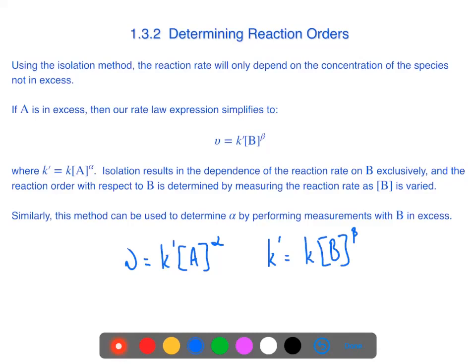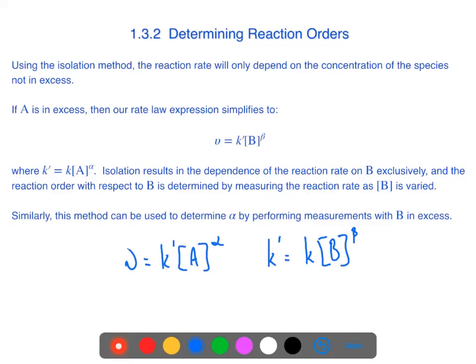So we can carry out this isolation method for both species. We can first determine the rate of the reaction with respect to various concentrations of B by ensuring that the concentration of A is in excess.